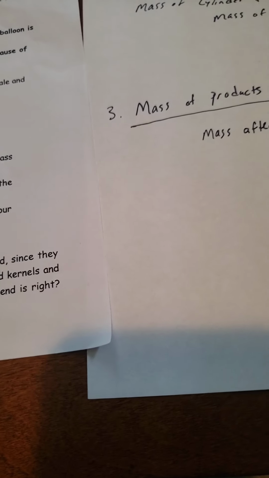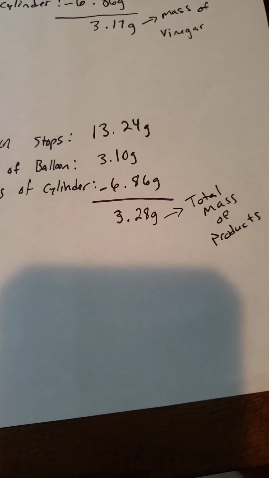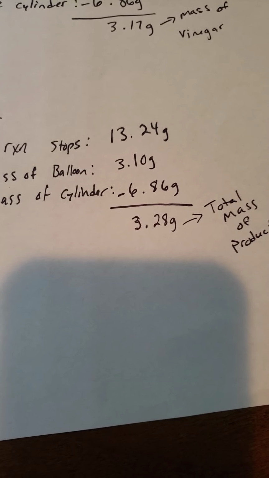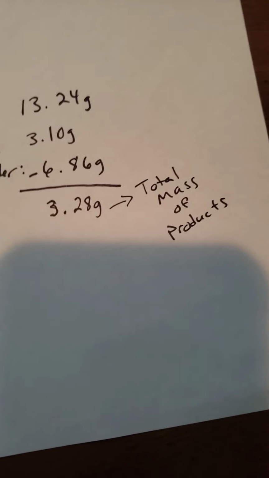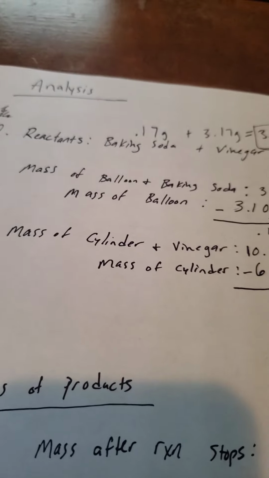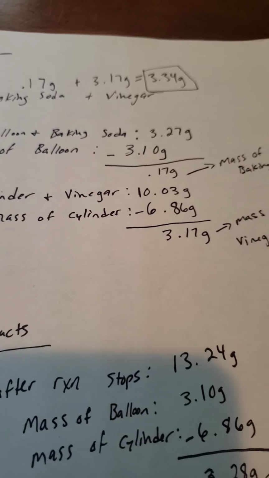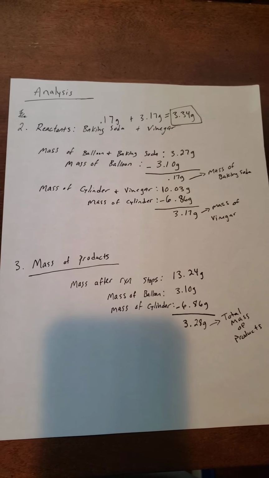So in the analysis questions following number 2 and number 3, it's going to ask you to compare. It's going to ask you some follow-up questions basically about what these numbers are telling us. So our total mass of the products is 3.28 grams. Remember, our total mass for the reactants was 3.34 grams.